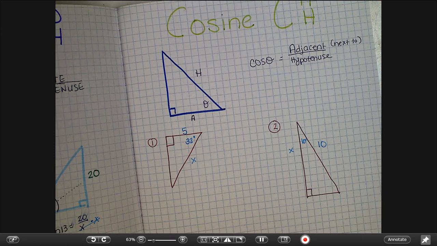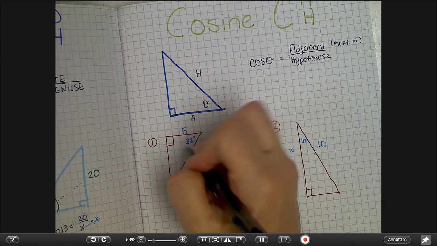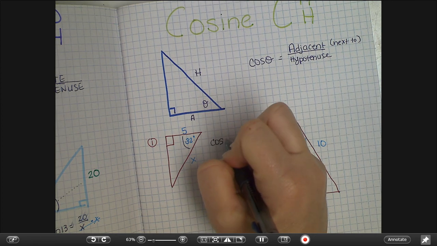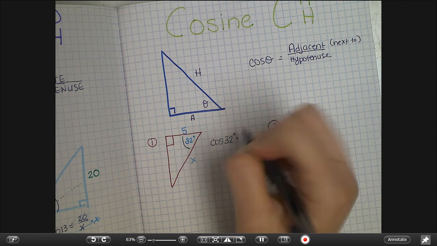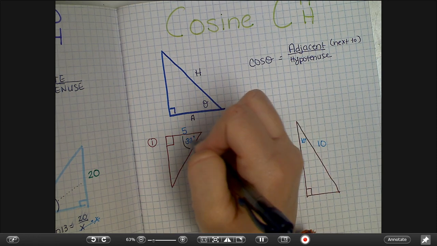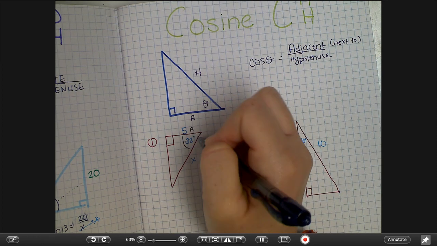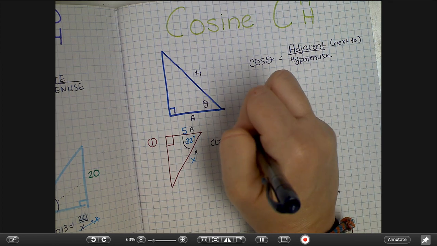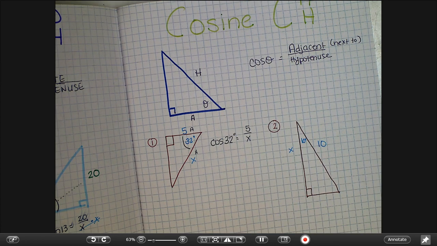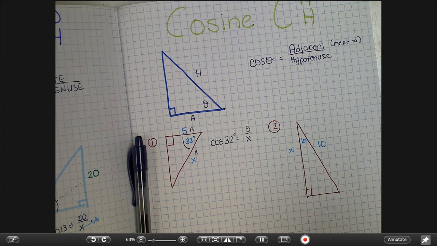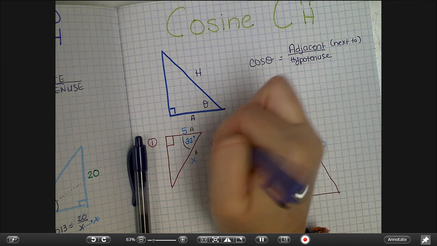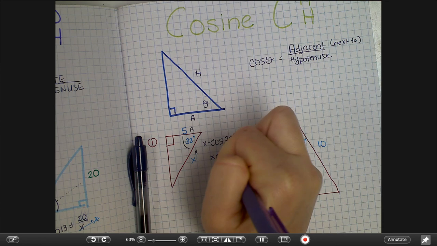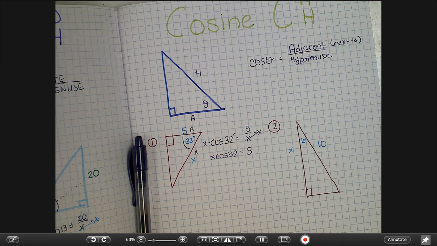So let's look at number 1. Of course, all trig is based on an angle. So we're going to do the cosine of the angle measuring 32 degrees. The side adjacent to it, right next to it, and the hypotenuse are the parts that make up the cosine relationship. And so we have adjacent over hypotenuse, like that. And as you know from before, we multiply both sides by the denominator to cancel it out. So we have x cosine 32 equals 5.